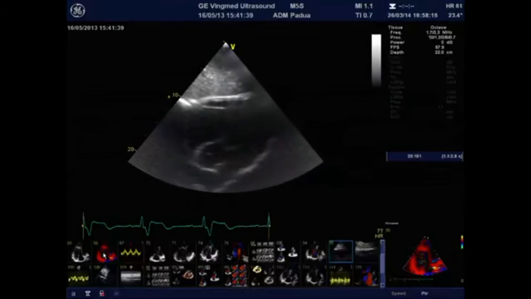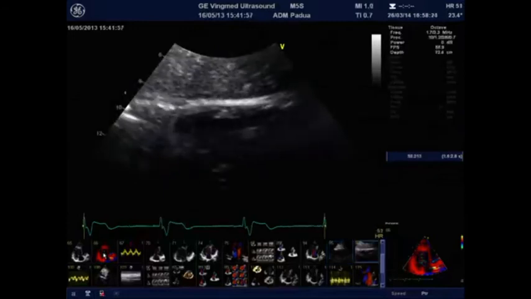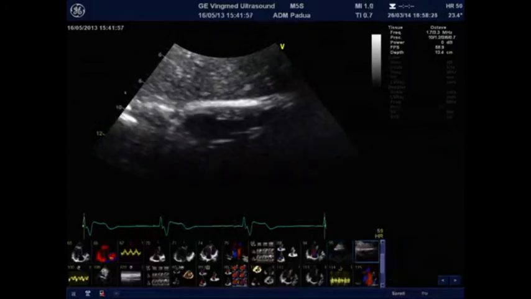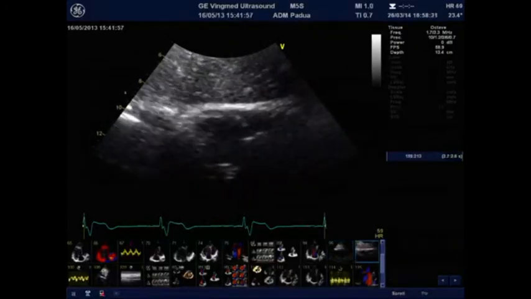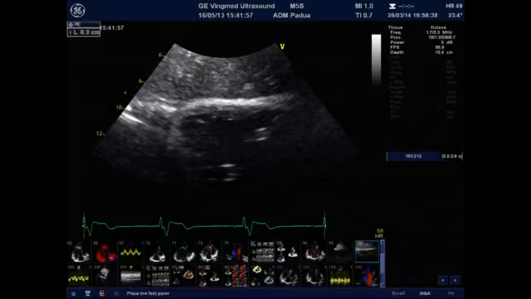If we would like to measure the thickness of the right ventricular wall, we need to zoom the image and freeze it in diastole and measure it at the level more or less of the papillary muscles, like this. It's 6, which is close to normal. The normal value is 0.5.